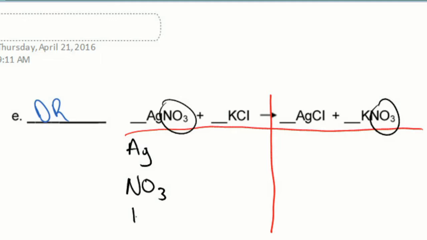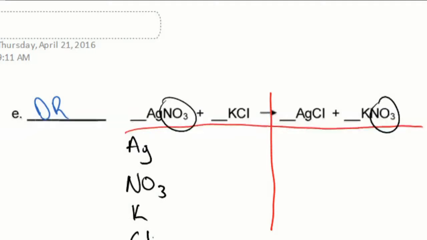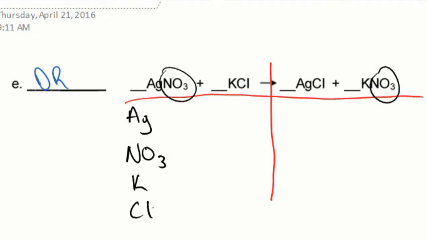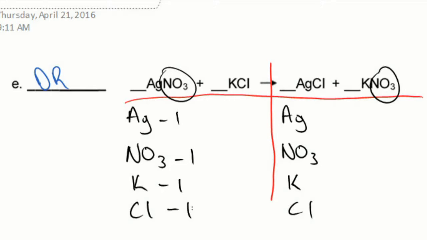So Ag, NO3, K, and Cl. If I start with those things, I am going to end with those things. I can write them down. Now I'm going to count. Silvers, I have 1, NO3 group 1, potassium 1, Cl 1.